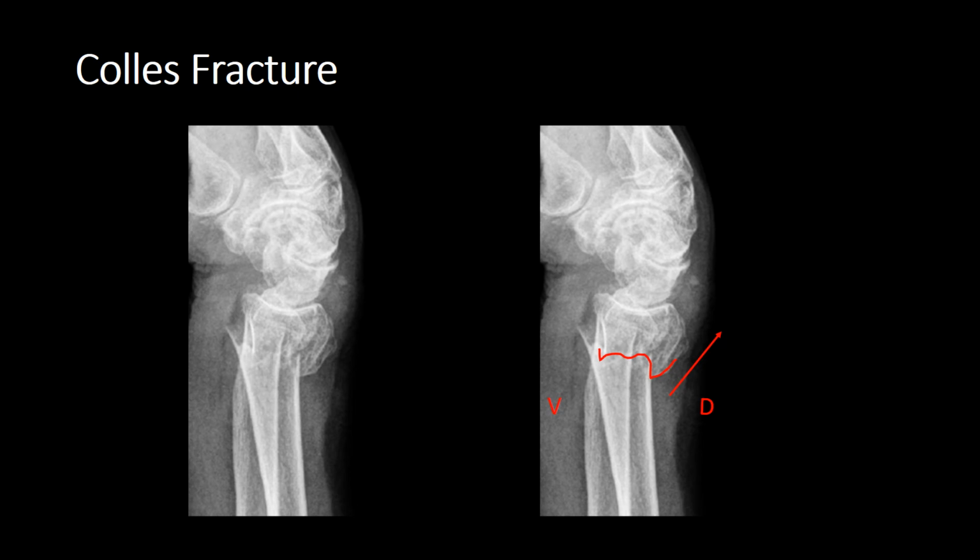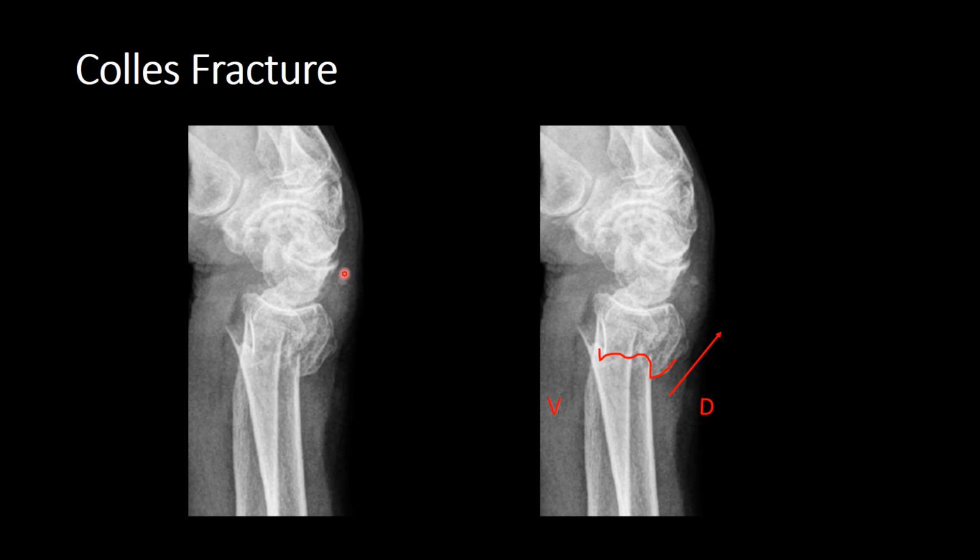If we look at this image, we can see that this is our pronator quadratus fat stripe, and we can see that there is bulging towards it, indicating that there is an underlying abnormality causing a bulging to it. And also, if you look at the soft tissue, we can see this really classical dinner fork deformity here.